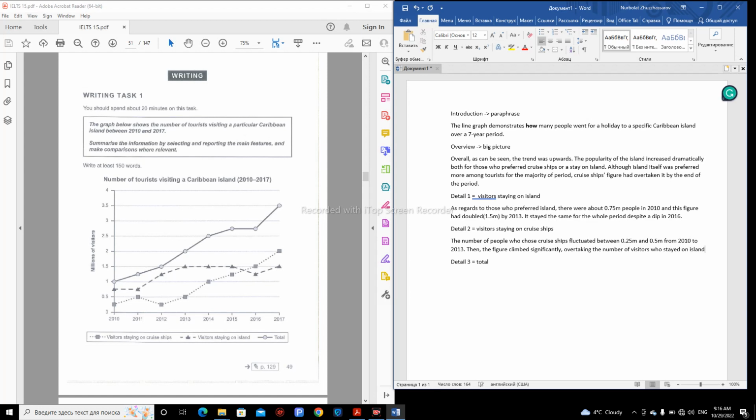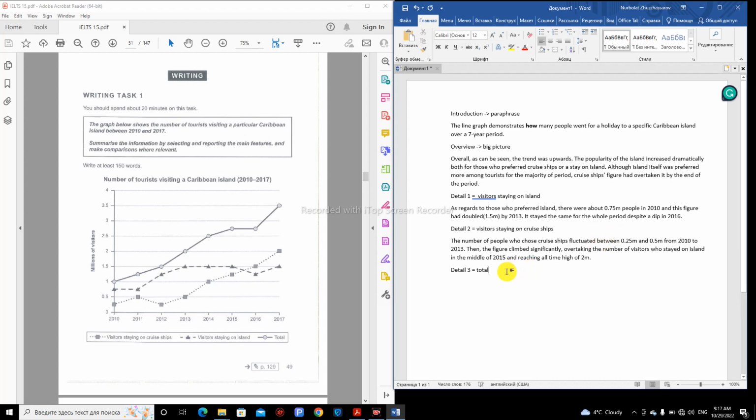We can paraphrase later. Overtaking the number of visitors who stayed on island in the middle of 2015. You can see that the number quadrupled. Or no, I don't think we can write that. Overtaking the number of visitors who stayed on island in the middle of 2015 and reaching an all-time high of 2 million.